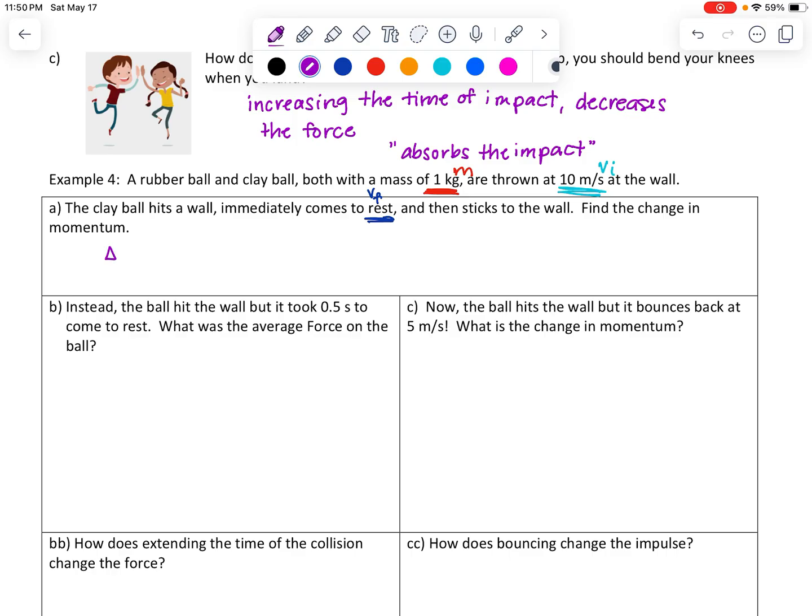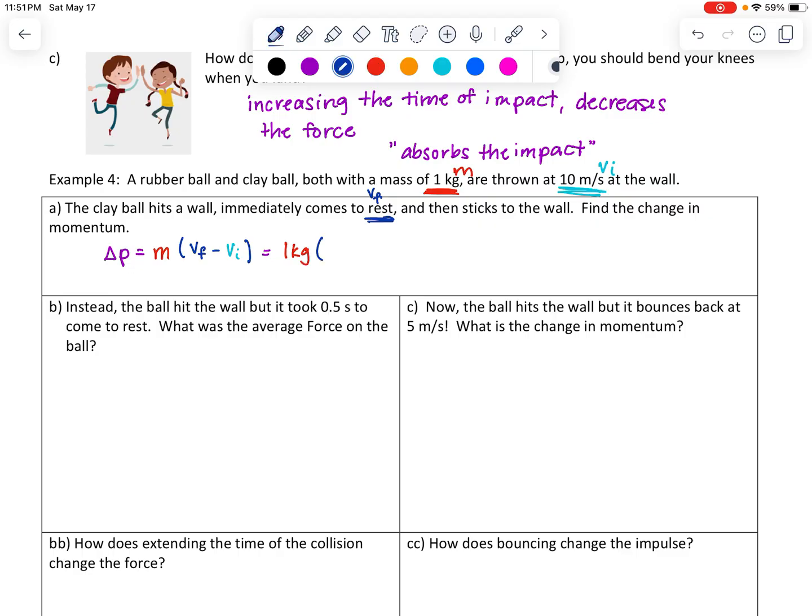Okay, well, if I do change in momentum, I have a mass and 2 velocities, so that's what I'm going to use. That formula is M, right, VF minus VI, right? There we go. Then we put our numbers in. My mass is 1 kilogram.